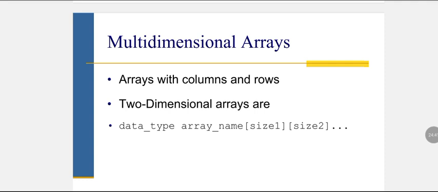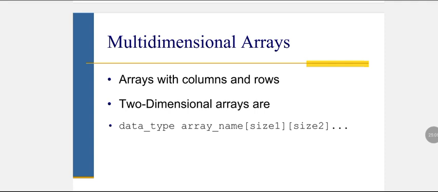So the arrays have columns and rows. Then the second one is the 2-dimensional arrays. And you can see at the bottom, our 2-dimensional arrays are the data type, the array name, then we have size 1 and size 2.